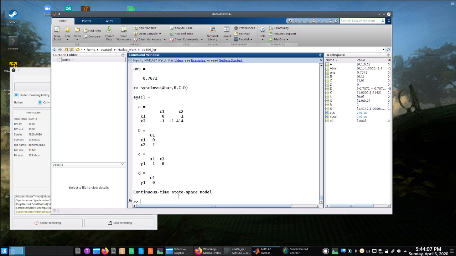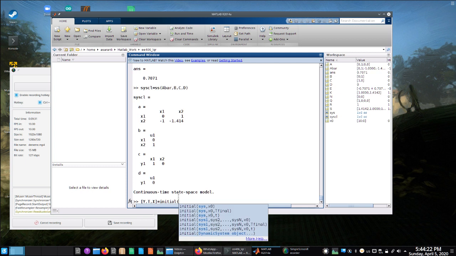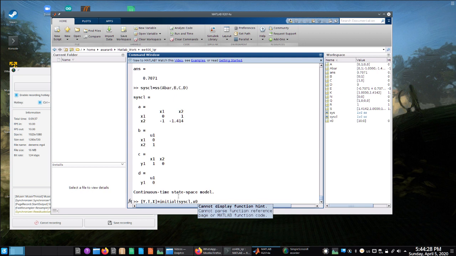Okay, and now let me simulate this system from its initial conditions. So I will have y, t, x is equal to initial condition simulation, sys closed loop, and the initial state x0, and a time duration, let's say 10 seconds.